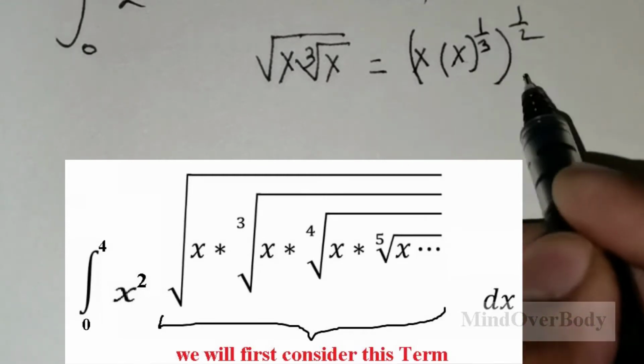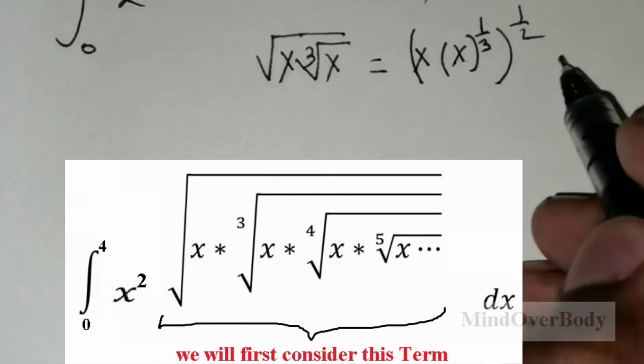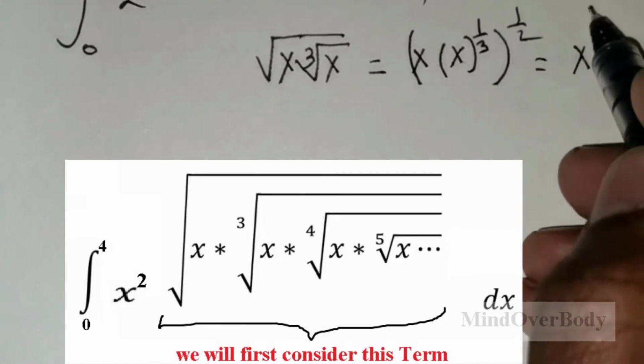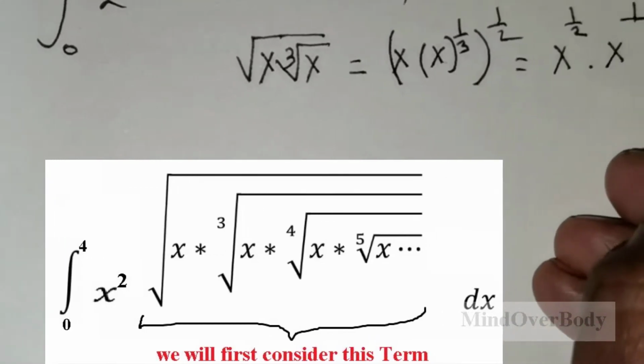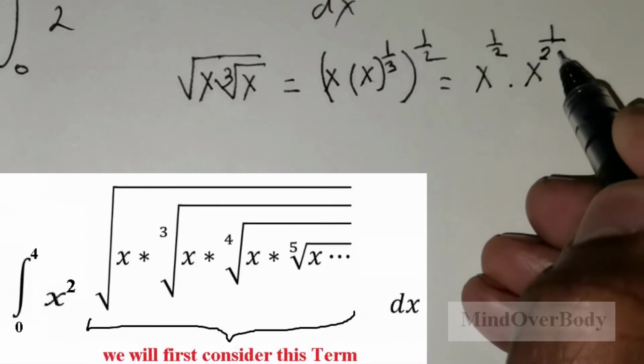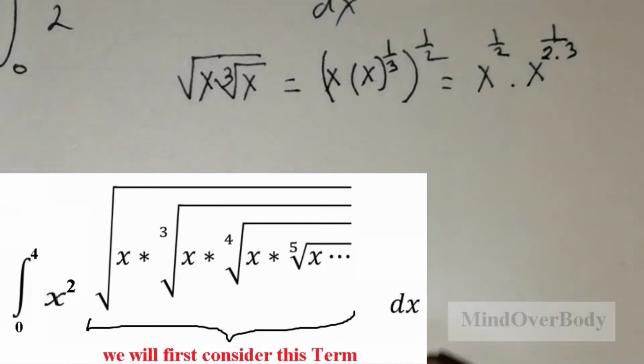Now this is the representation that we have to place here. Rewriting this, it is x raised to the power 1 over 2 times x raised to the power of 1 divided by 2 times 3. So this is the exact representation that they are conveying to us.